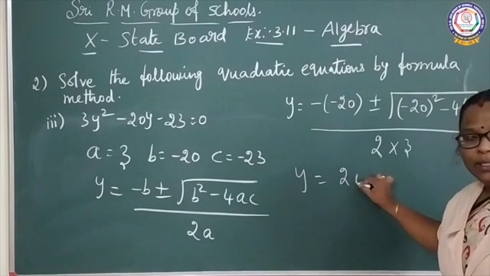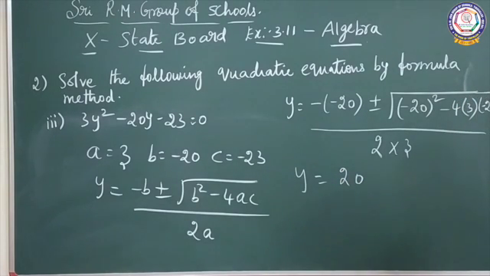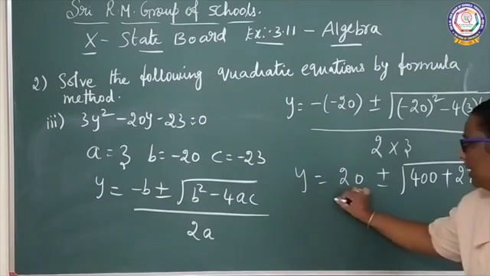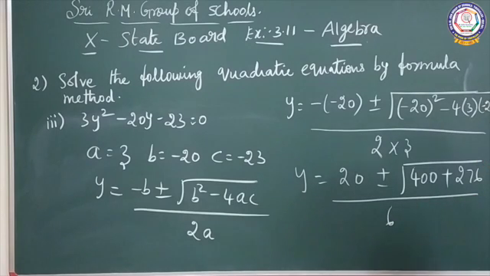So y equal to minus into minus becomes plus 20 plus or minus root of 400. 4 3s are 12, minus into minus becomes plus, 12 23s are 276, by 6.